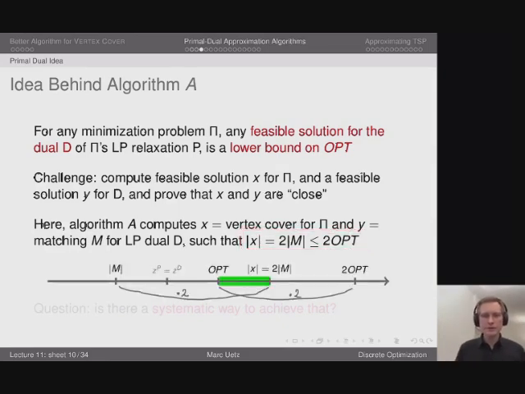So here is again a picture that hopefully makes that clear. So this is the unknown optimum solution to the vertex cover problem. And what we are doing in the algorithm, we are computing a matching M, which is a lower bound for the optimum solution value, and a feasible solution X. That was the vertex cover by selecting both endpoints each time, which are precisely a factor of 2 away from each other.